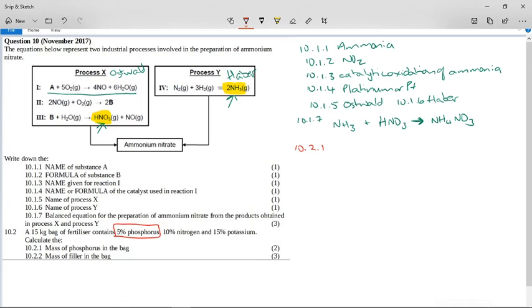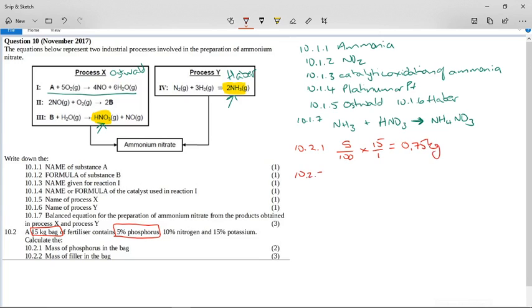So 5% is 5 over 100. And what does the whole bag weigh? The whole bag weighs 15 kilos. So 5% of 15 kilos is, where is your calculator? 0.75 kilograms. It's as easy as that, and as you can see, it's only 2 marks.